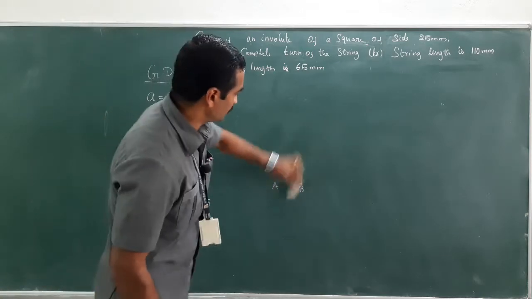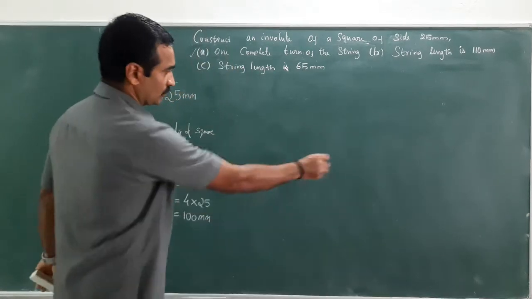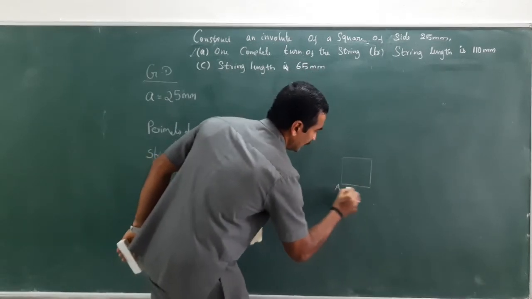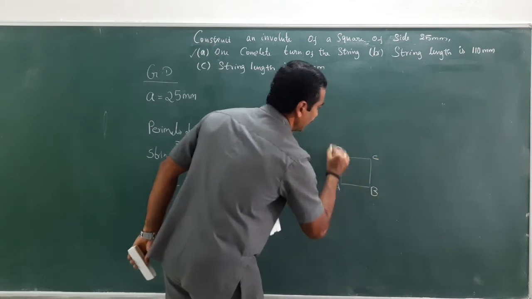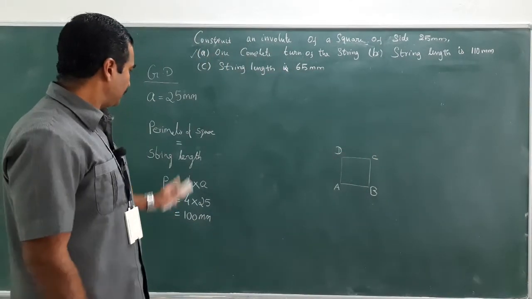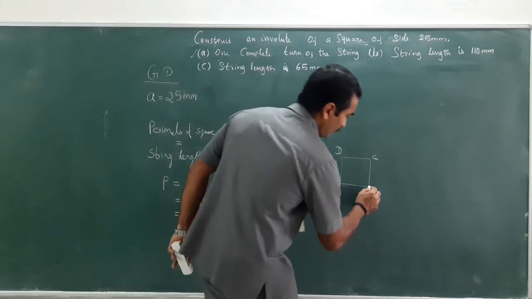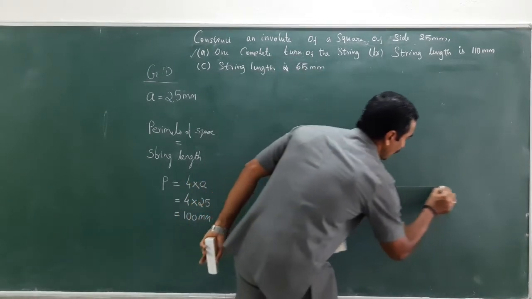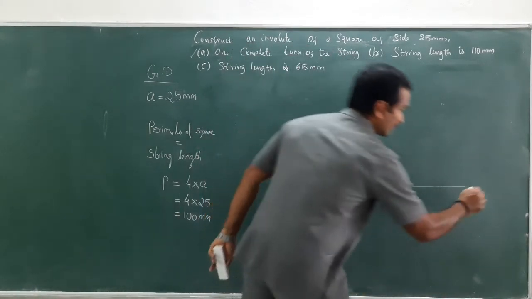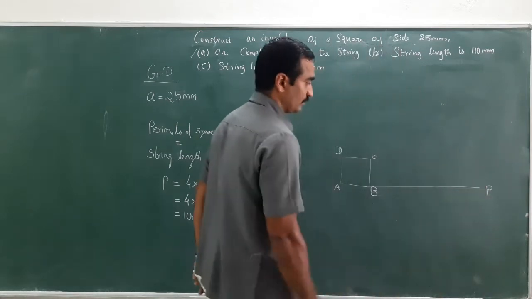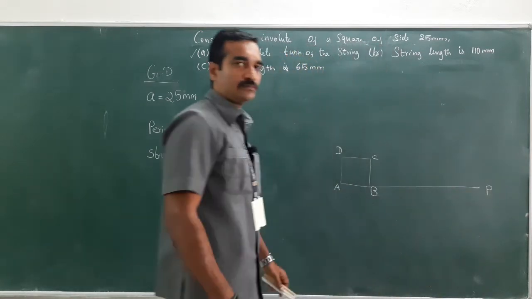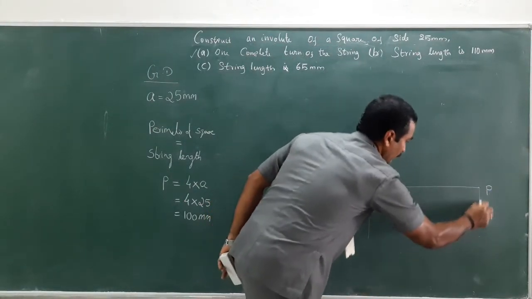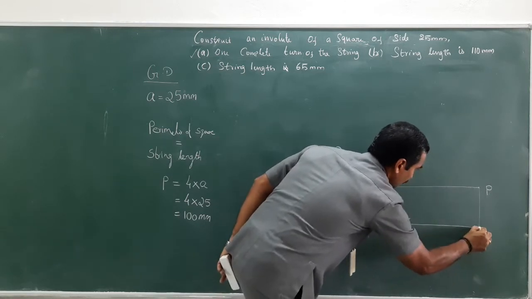Let me wipe this up because the profile may intersect here, so I'll draw it here. This is the square ABCD. The length of the string is 100 mm. From B, draw a horizontal line of 100 mm and denote this point as P. This distance is 100 mm.